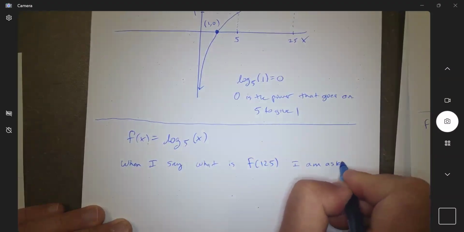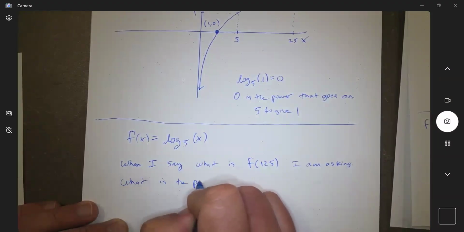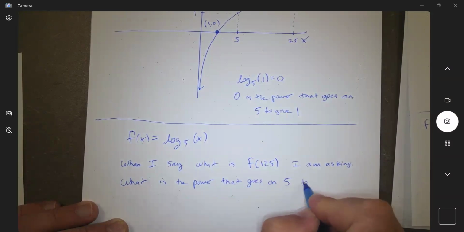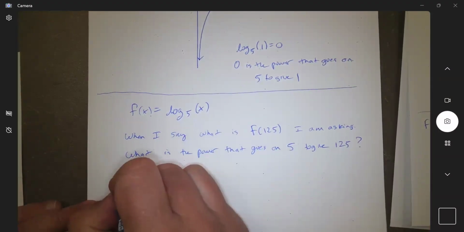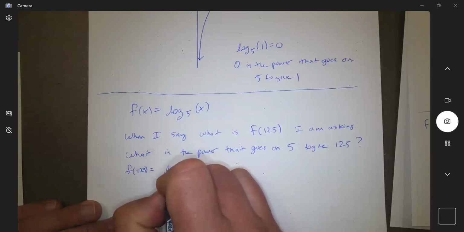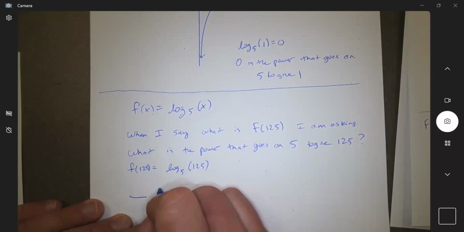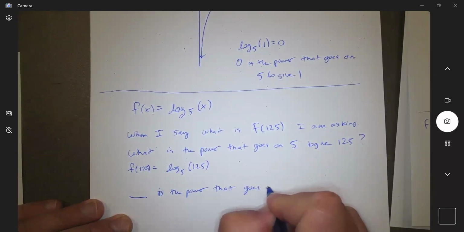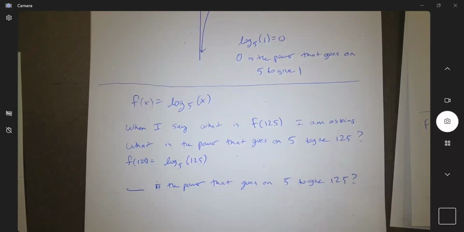I am asking, what is the power that goes on 5 to give 125? f of 125, log base 5 of 125. What is the power that goes on 5 to give 125? That's what it means to evaluate a log function, is to find the power.